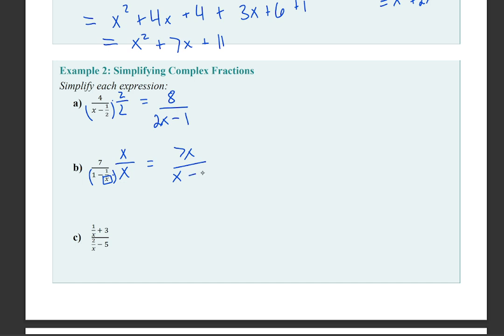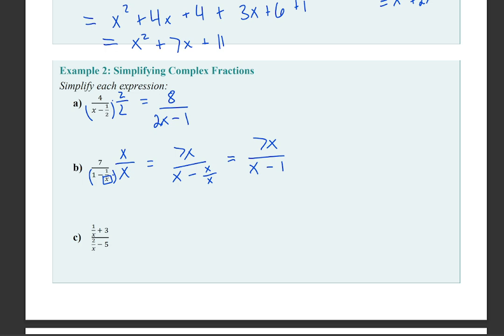I get x in the first term minus this would really be x over x. And I'm just showing you this with all steps written out, right? I would multiply the first term by x and then the second term by x, and I get x over x. So now I have 7x divided by x minus 1. And that is that complex fraction, fully simplified.